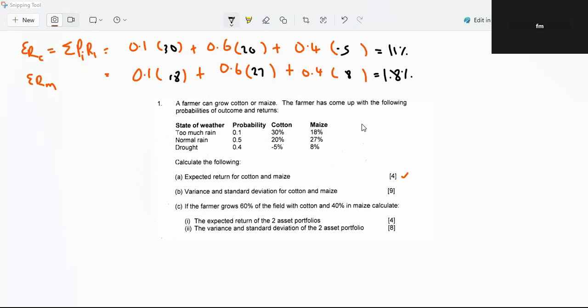So usually I like to use a table, which is very easy. So we have the probability of maize, 0.1, 0.5, and 0.4.